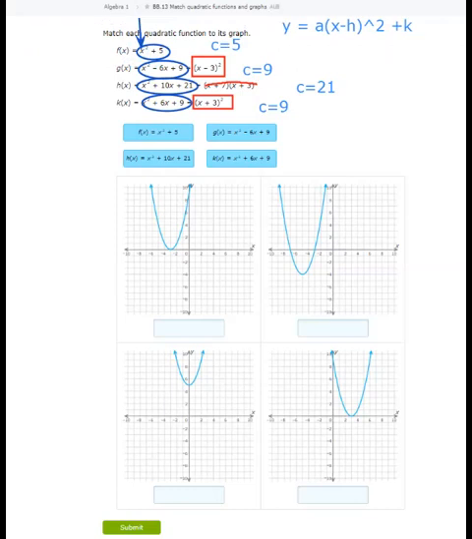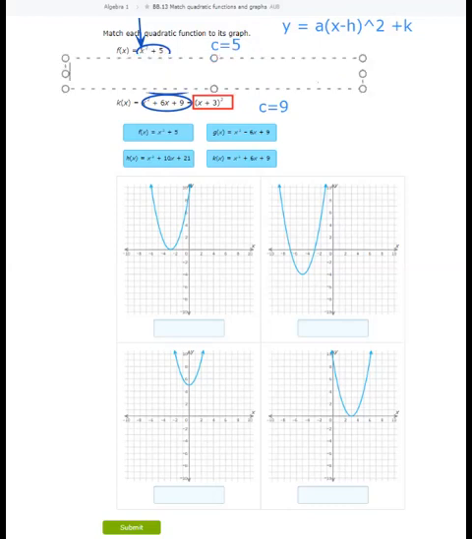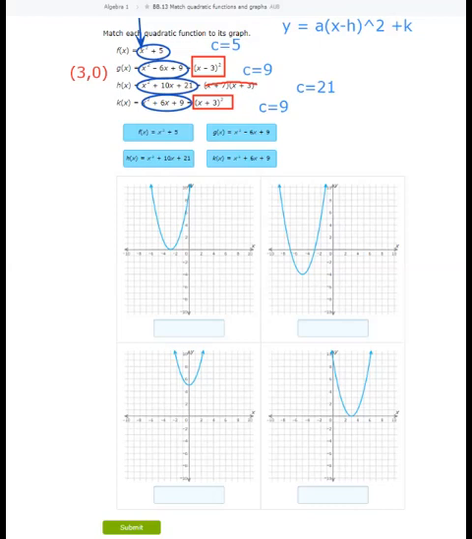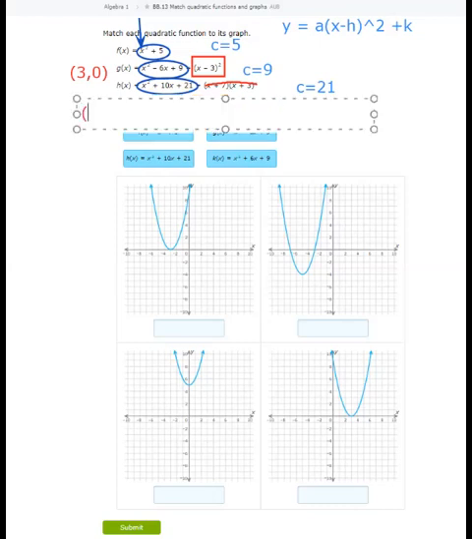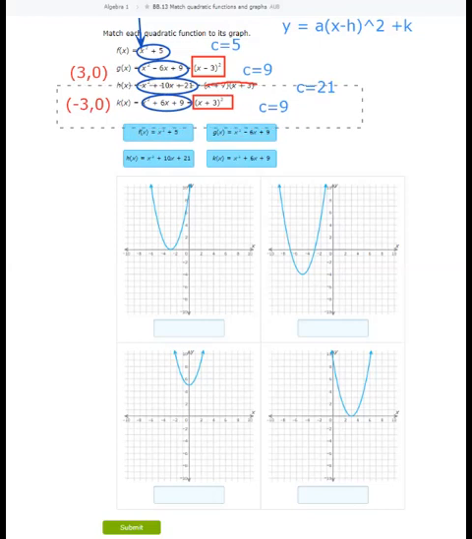Because nothing's being added to our x minus 3 squared, we know that our vertex is at 3, 0. Because notice we've got minus 3 plus some 0, that's our vertex. For this one, it's just going to be the opposite sign. So we're going to have negative 3, 0. So we should now have enough information for us to determine which equation goes to which graph.